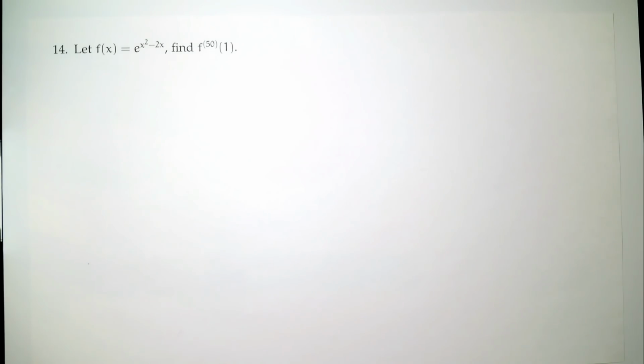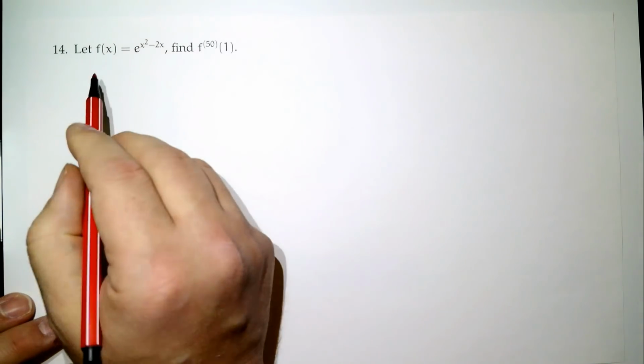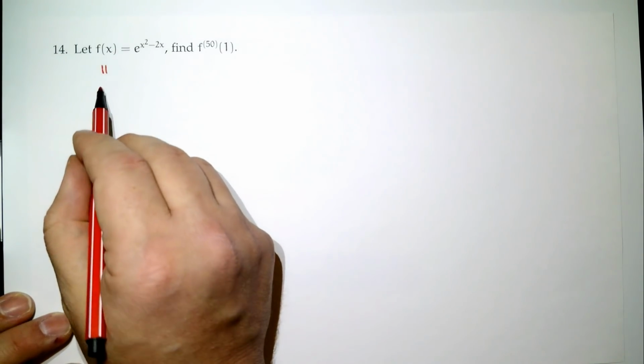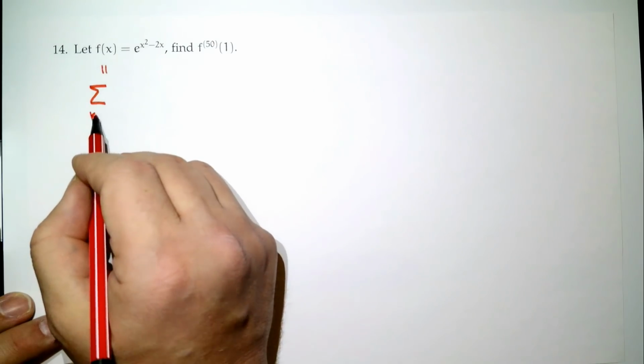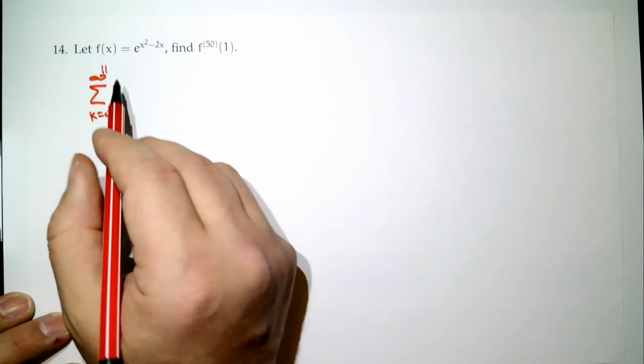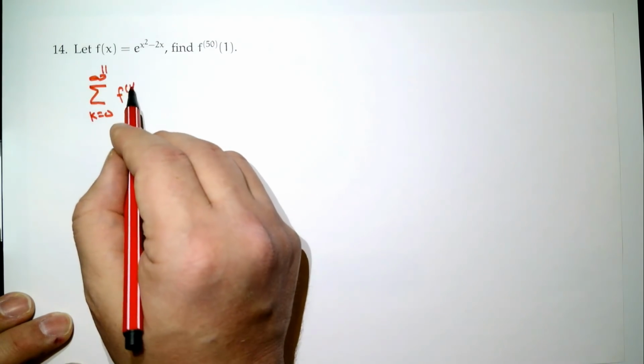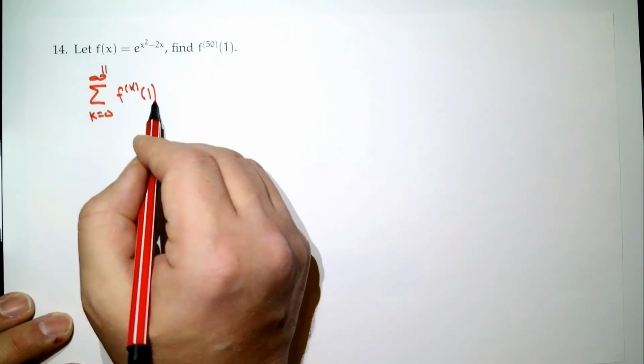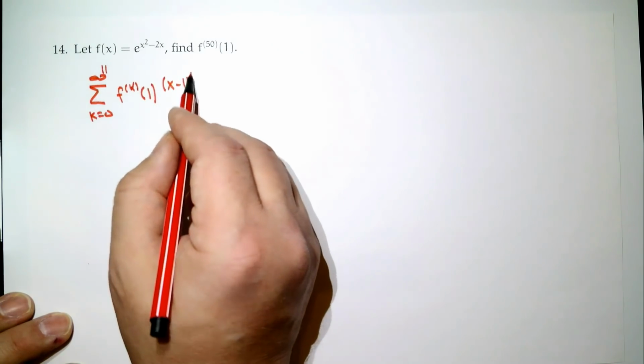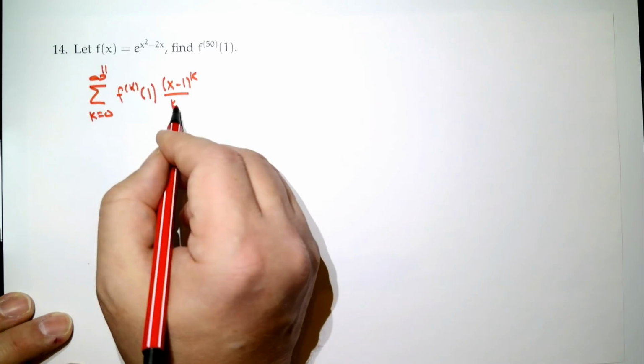one of the things that you should think about is, okay, how does that relate to x minus 1? Now, why do I say x minus 1? Here's the idea. We know that f of x can be written as the sum, k equals 0 to infinity, of the kth derivative evaluated at 1 times x minus 1 to the k over k factorial.